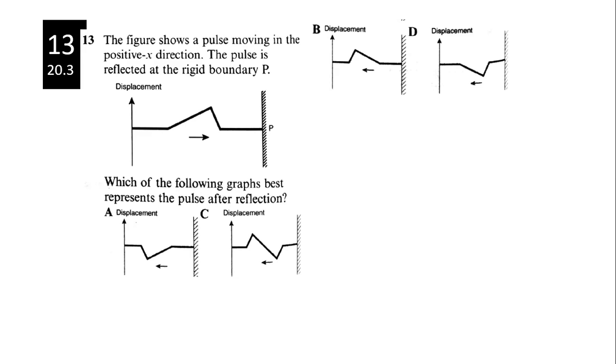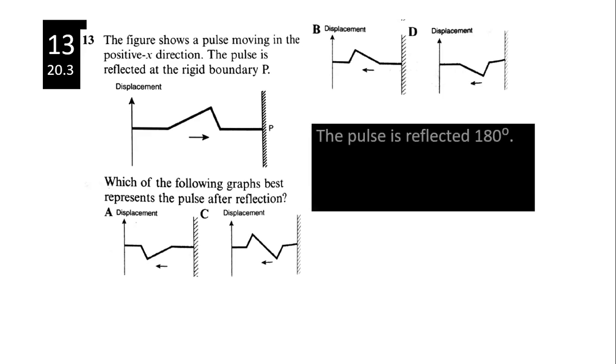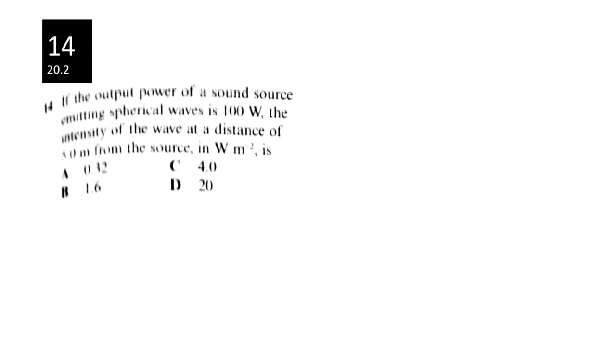A. Pulse is reflected 180 degrees. So it's inverted. Okay, good. So A. Inverted, yeah, it will go to the left side. Because even if you flip it downwards, it'll go leftward.